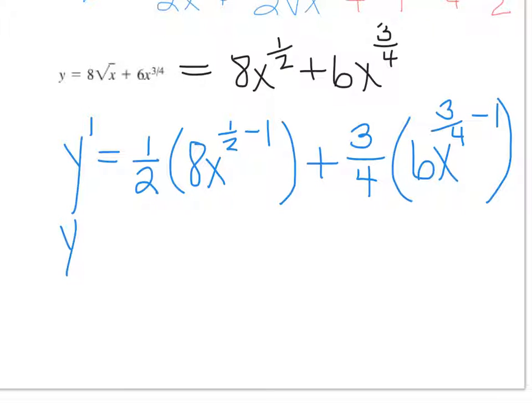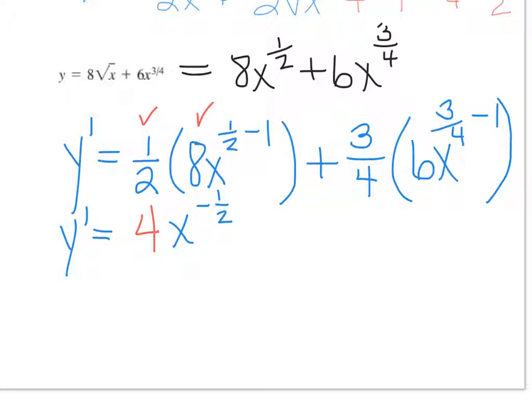So we have y prime equals, first of all, 1/2 times 8 is 4. And then x, and 1/2 minus 1 is 1/2 minus 2/2, so that makes our answer be -1/2.